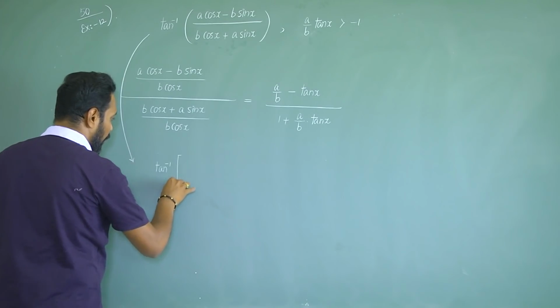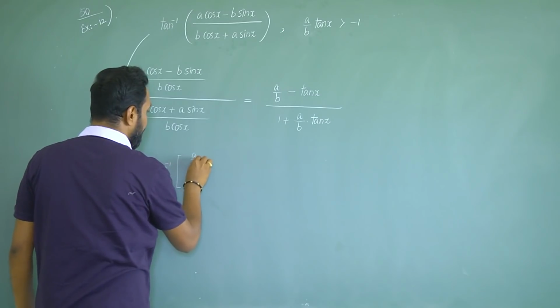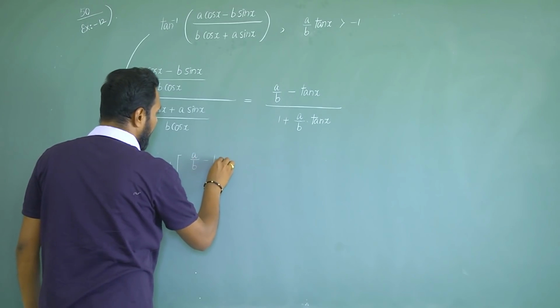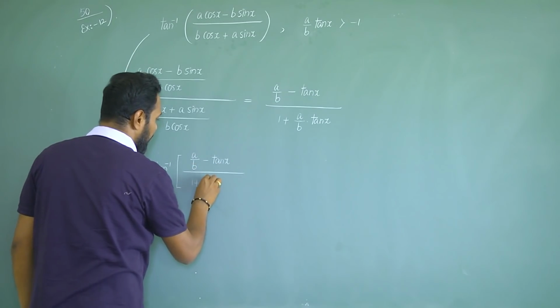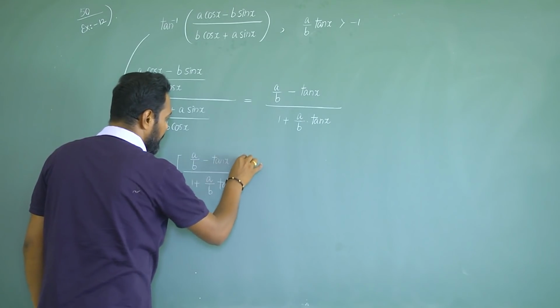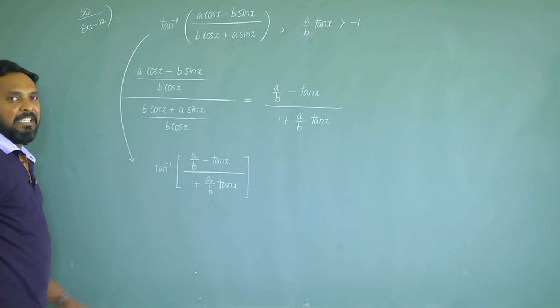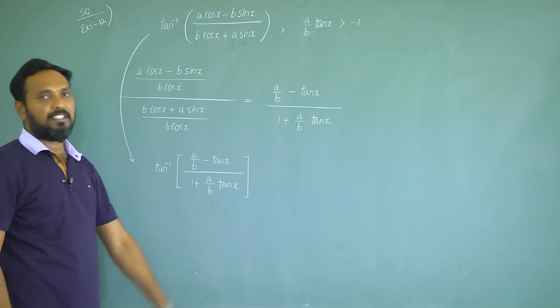Now, using this condition, the given problem becomes tan inverse of this function. The simplified form is (a/b minus tan x) divided by (1 plus a/b tan x). It is of the form tan inverse of (x minus y) by (1 plus xy).